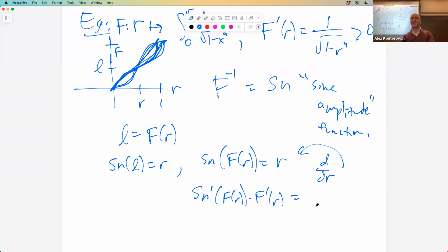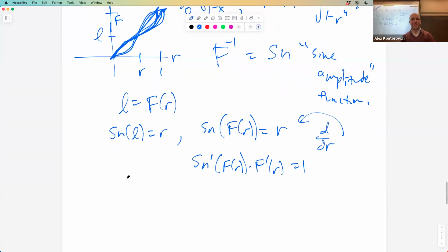On the other side, I get 1. Of course, the derivative of an inverse is just 1 over. So the derivative, now I'll replace F of r by L, is equal to 1 over F prime of r. R is sn of L.